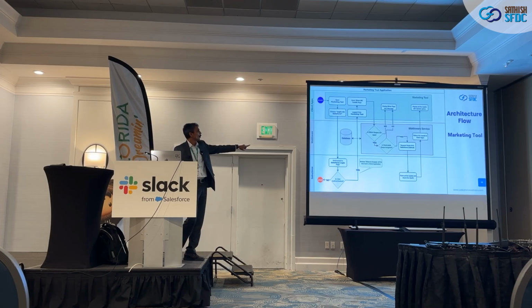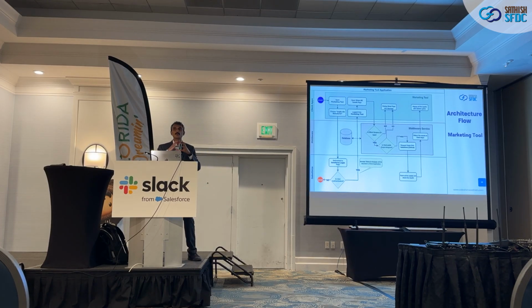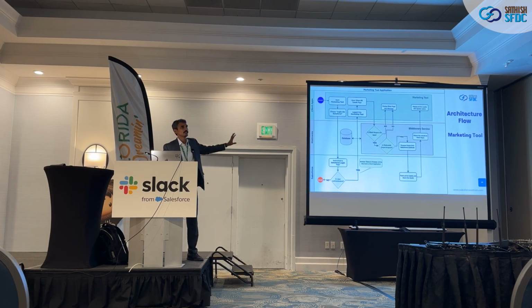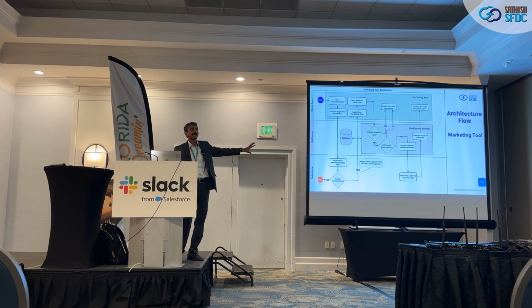Then it goes to the middleware, where the middleware checks what kind of scope this particular user has. Based on that, it authenticates them, brings all the leads that they have access to, and displays the result to the end customers.